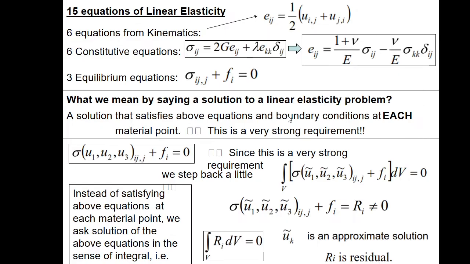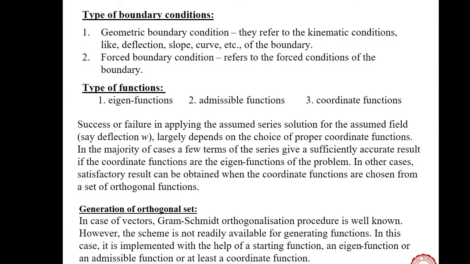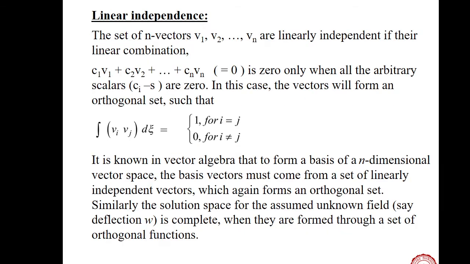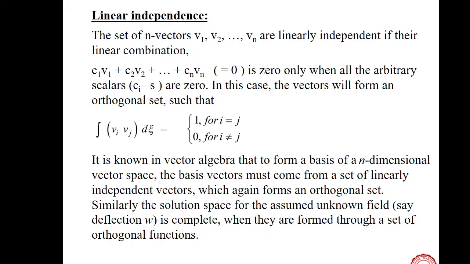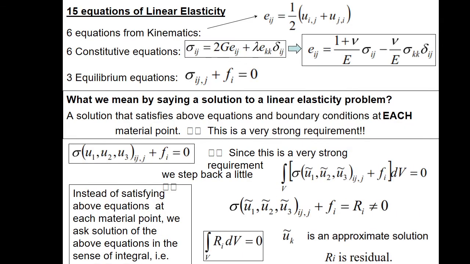What are the nature of those functions, this type of functions, eigenfunctions, how to select these functions, these things we have discussed. Now one thing we have discussed about linear independence, that part is there, but one additional part is there.